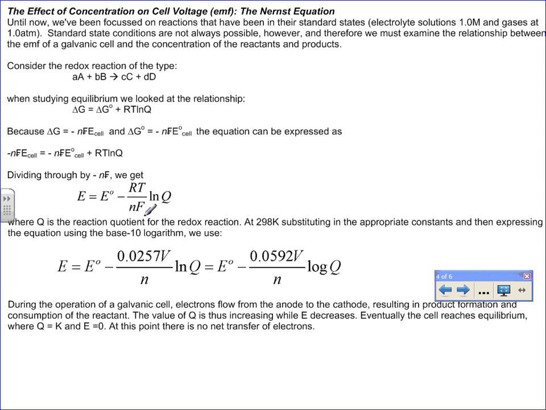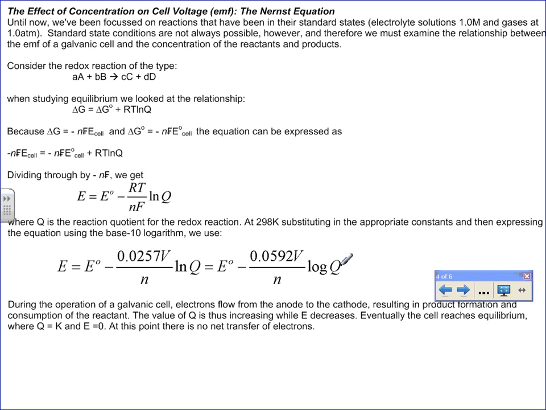So I substitute my R, my 298, and my Faraday's constant. It's shown with ln and log, so E is either equal to E naught minus 0.0257 over n ln Q, or 0.0592 over n log Q.